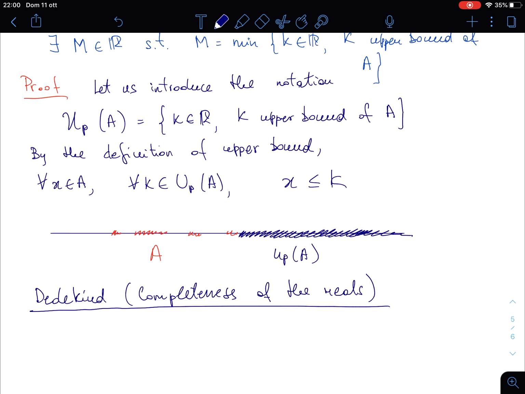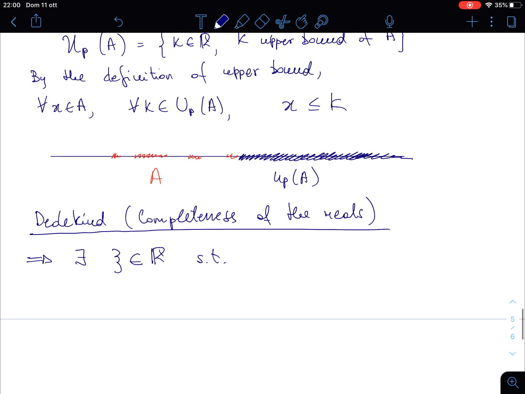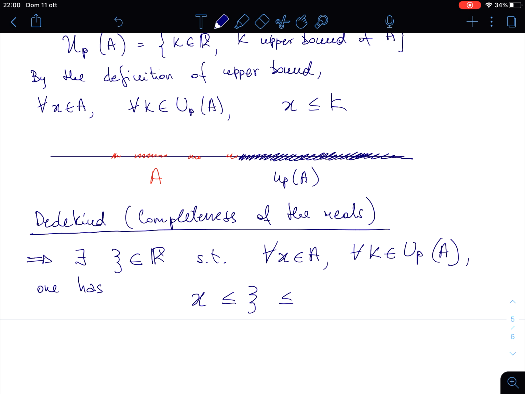So there exists an element psi in R such that for every choice of x in A and every choice of k among the upper bounds of A, one has x less or equal psi less or equal k.